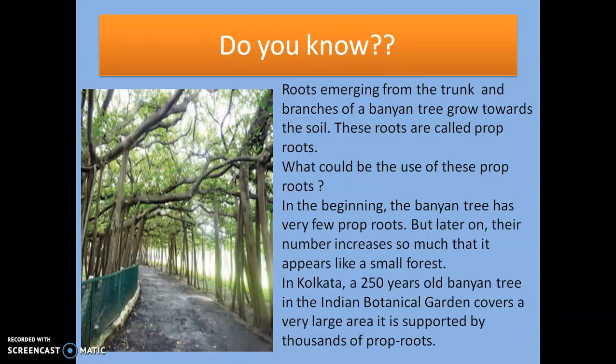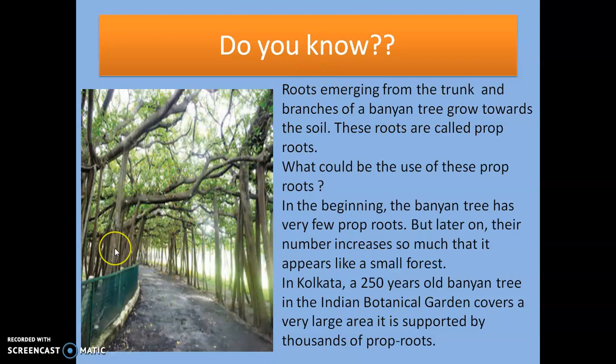Now, one information. Roots emerging from the trunk and branches of a banyan tree grow towards the soil. These roots are called prop roots. So aerial roots, and very similar to that, we have prop roots. Now what are the uses? In the beginning, the banyan tree has very few prop roots, but later their number increases so much that it appears like a small forest.